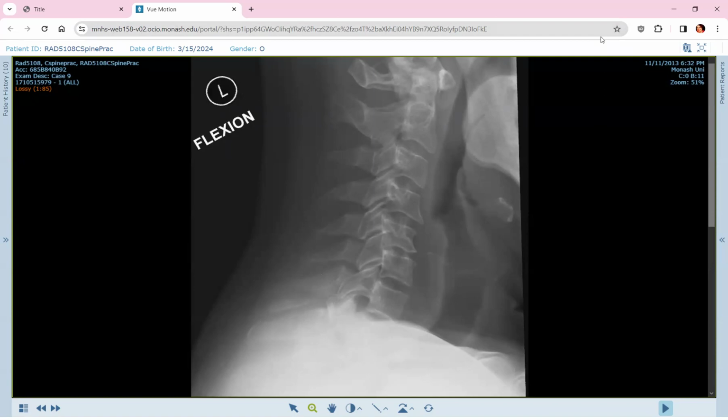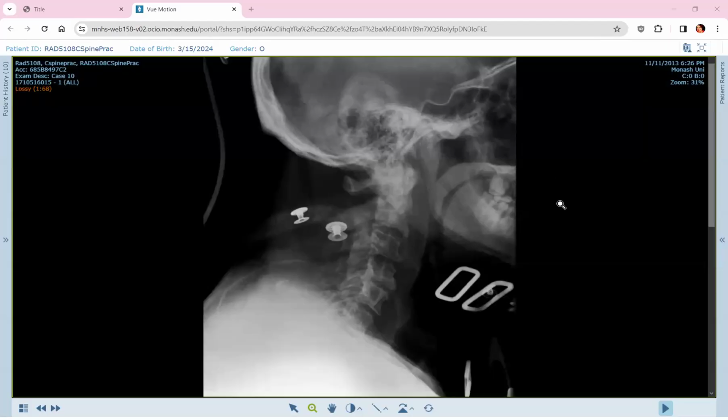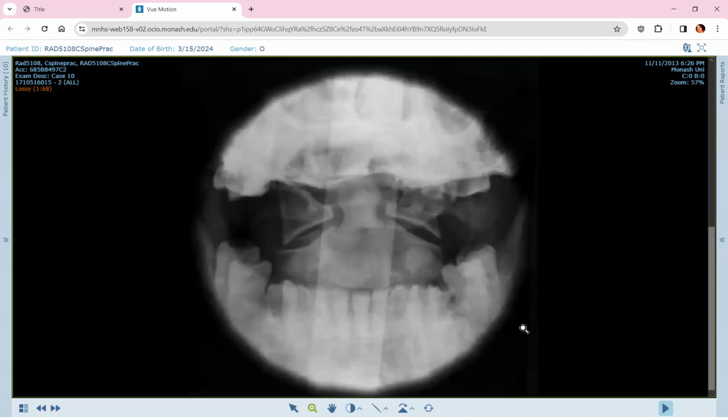Our final case is of a patient who was in a car accident with acute neck pain. We can see once again, it appears to be a more elderly patient, there seems to be quite a lot of degenerative changes going on there. I just want to rather go to the other view that we have, which is of the open mouth.